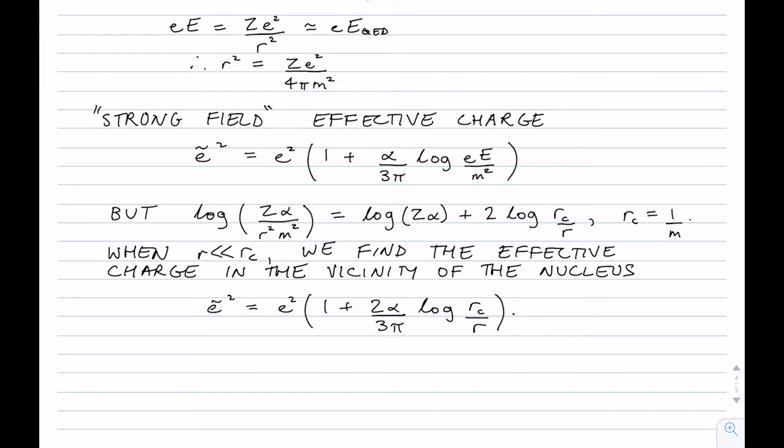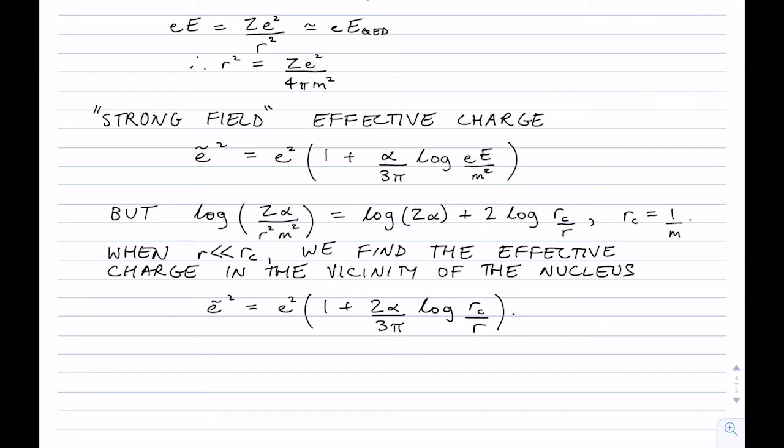When the electron is close to the nucleus, the electric potential is a little bit deeper. So the electron sees a deeper Coulomb potential. It's not just 1 over r squared, it's seeing a deeper force.